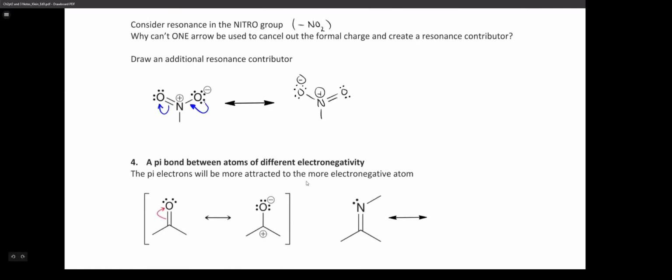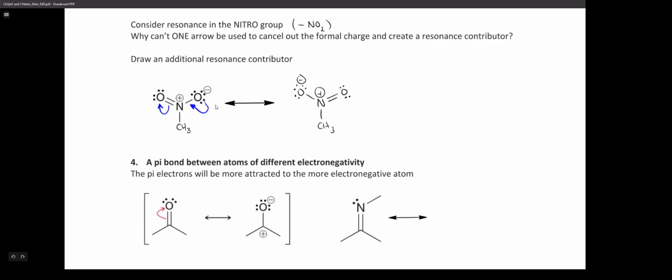Why can't the electrons move to the carbon on the bottom? Because it's CH3. If you moved it to the bottom, the carbon has an octet, right? And that would give you an octet.